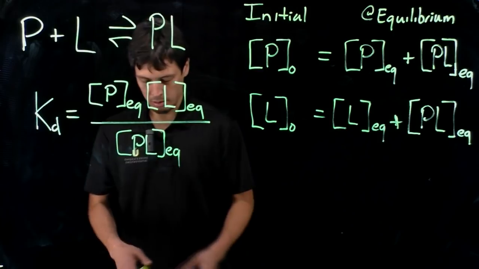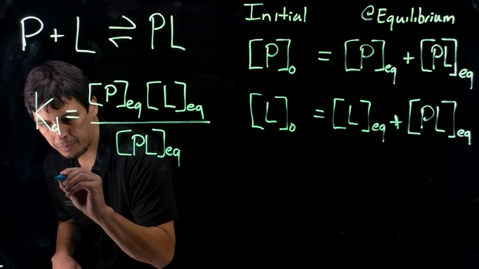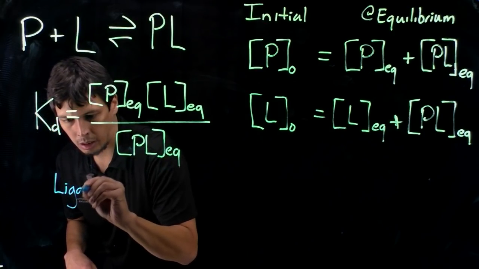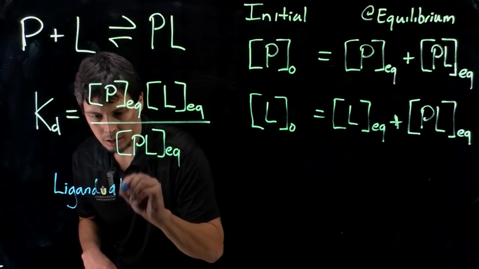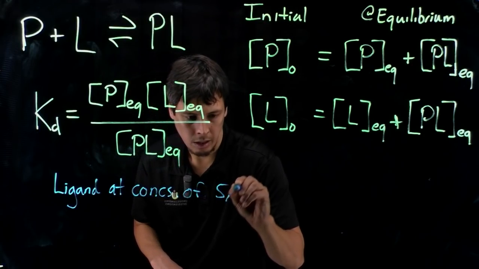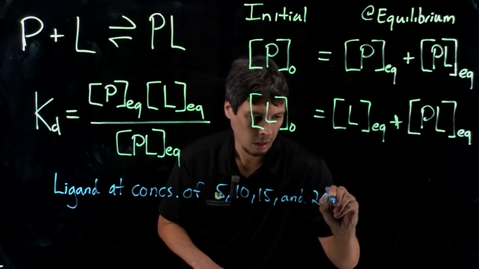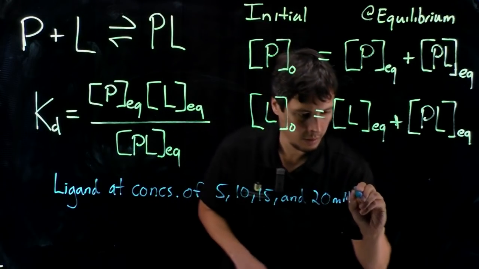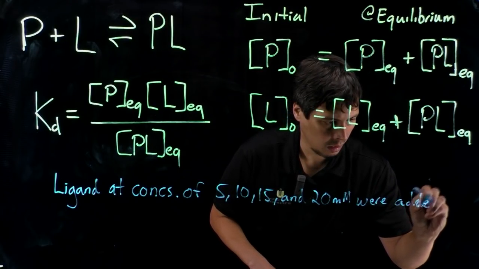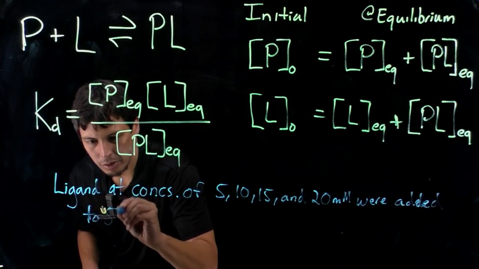For instance, let's say for our experiment, we have ligand at concentrations of 5, 10, 15, and 20 millimolar that were added to 5 micromolar protein.